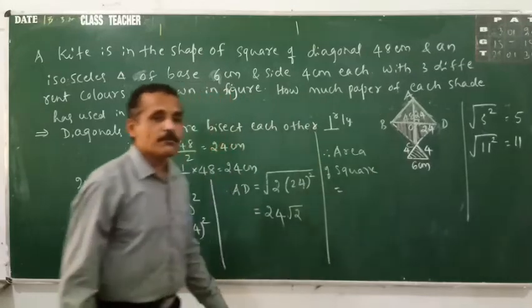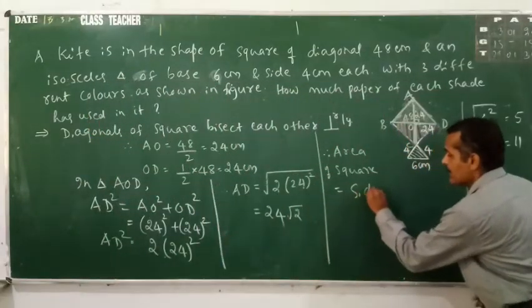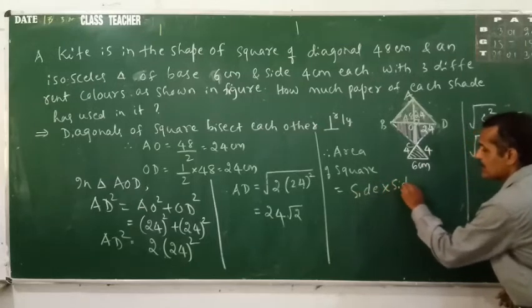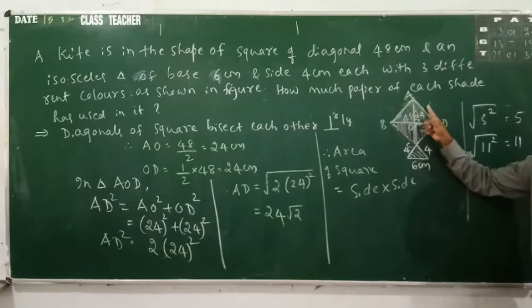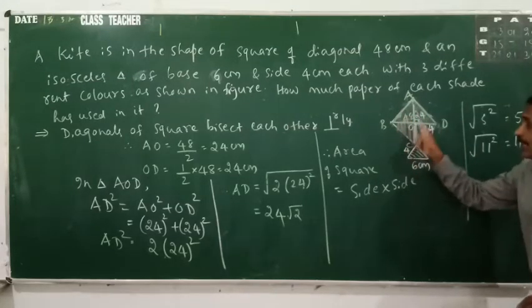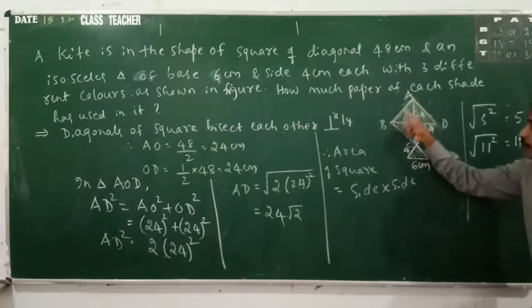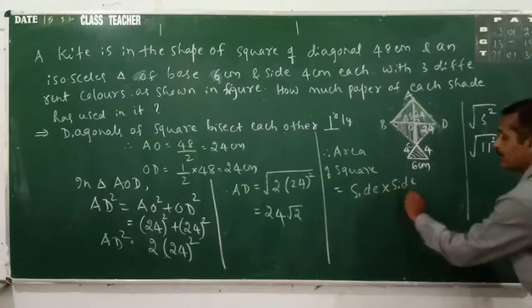What is the formula for the area of a square? Side into side. Because I know the length of this, and all four sides are the same, I can find the entire area of the square using the formula side into side.